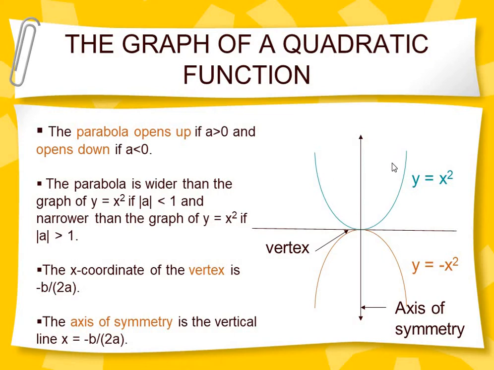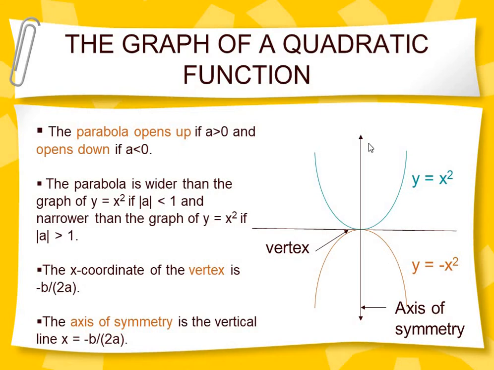I call it the axis of symmetry since there is a symmetry around it. It means there are two identical shapes. It's vertical; it cannot be horizontal at all. And I want to tell you something very important: it passes through the vertex.